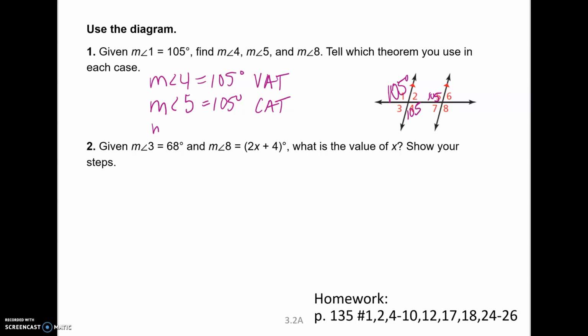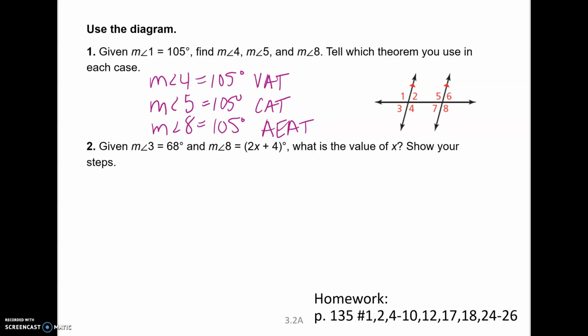And the last one is the measure of angle 8. So original, angle 8, those are alternate exterior. So that is also 105. Okay, please make sure you study these different types of angles. It will make these problems way easier.